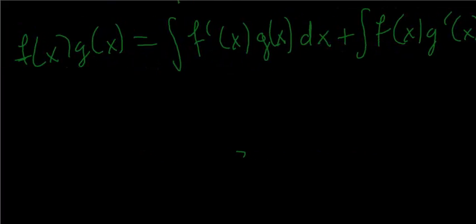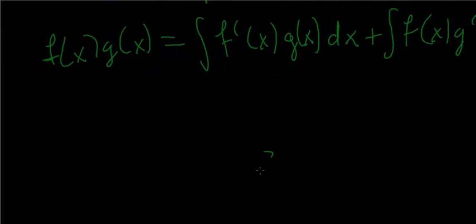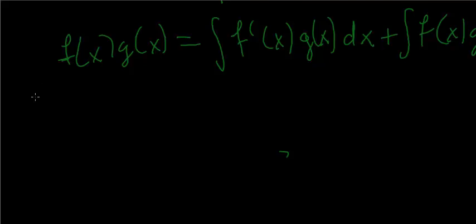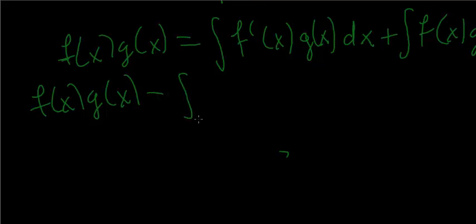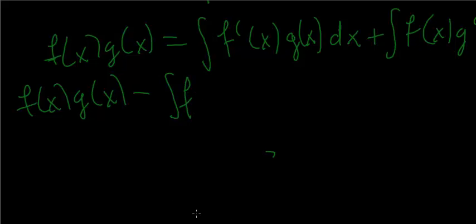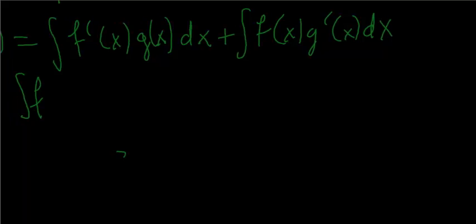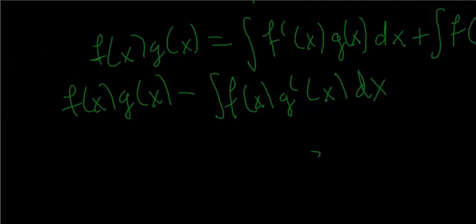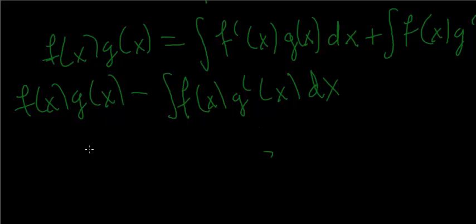So this right here is essentially the integration by parts formula. You'll often see it in this form. I'm going to subtract this second integral from both sides, and we're going to be left with f of x times g of x minus the second integral, so minus the integral of f of x times g prime of x dx, is equal to that other integral.